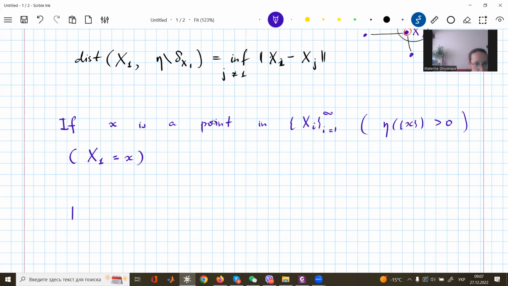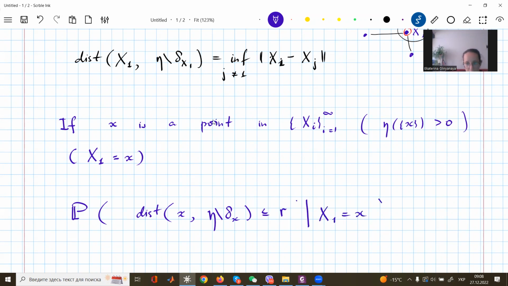I want to find the probability that the distance between a point x and the other points in this point process is less than r, with the condition that x1 is equal to x.